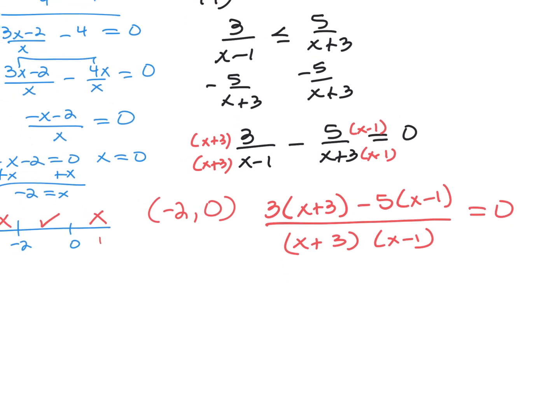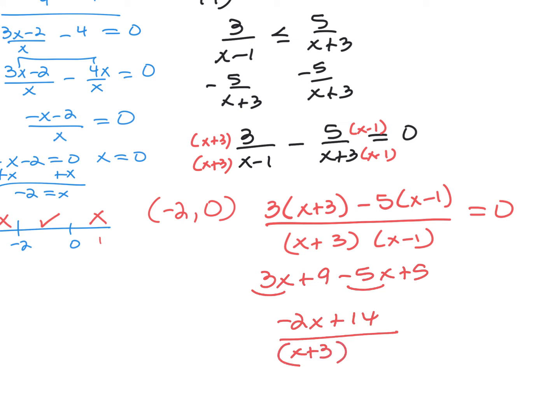So now let me go ahead and distribute and simplify everything down on the numerator. So 3x plus 9 minus 5x plus 5. Let me just simplify this right here. I get -2x plus 14, and then it has the denominator, x plus 3 on the bottom, x minus 1.